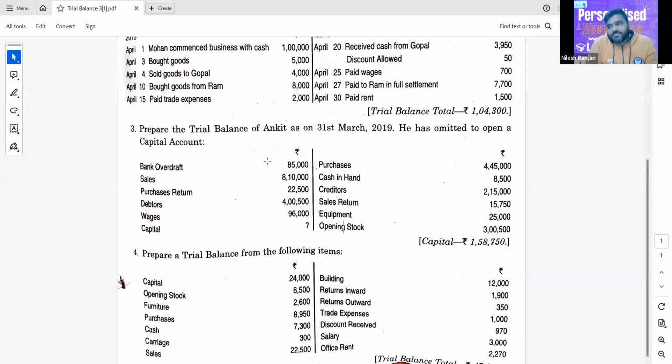Capital is like the owner's name, right? Yes. As per the traditional approach it is a personal account, and as per the modern approach capital is a different, separate category.